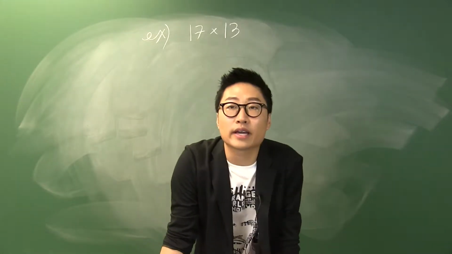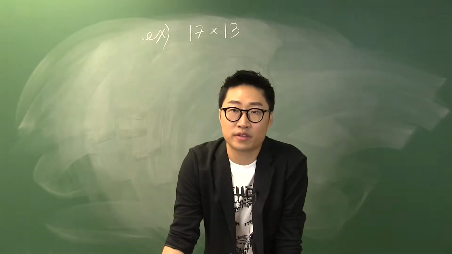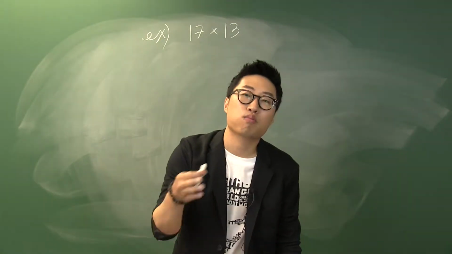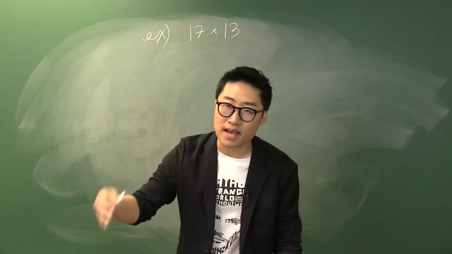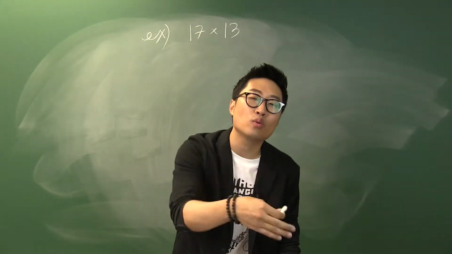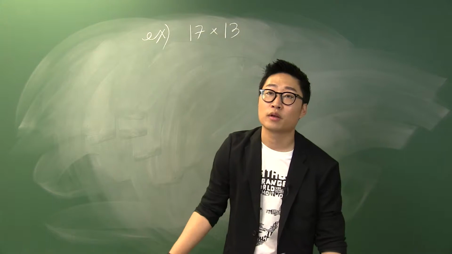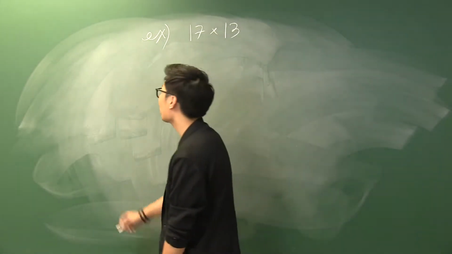Whichever method you like, whatever floats your boat, take that, practice that, and really master it so that you can make it your own skill. So let's jump right into it.